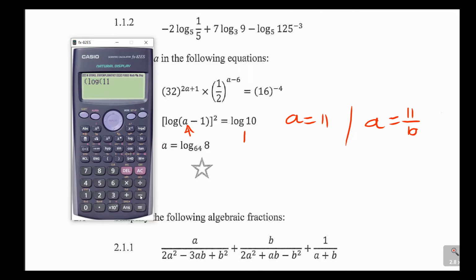That's 11 minus 1, close the bracket, and then squared. Equal to, say I get a 1, and then I can go back and use the other one, 11 over 10.